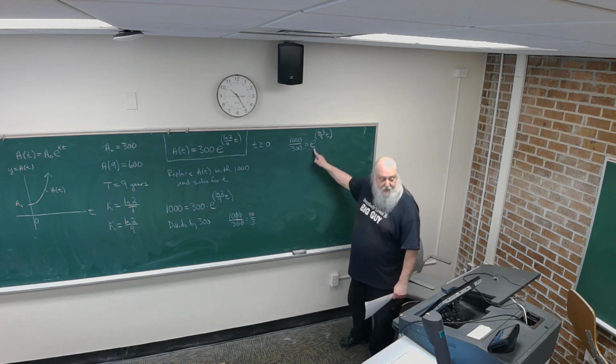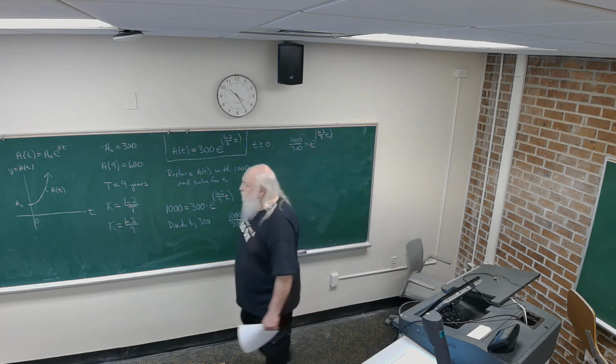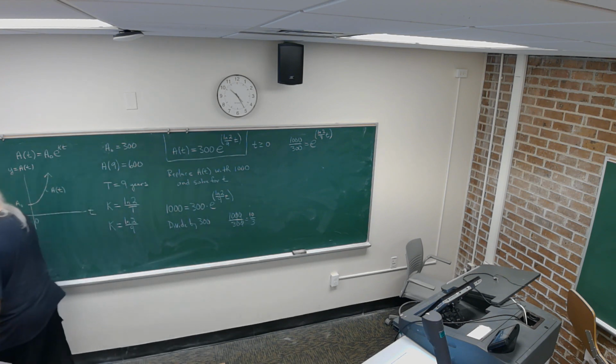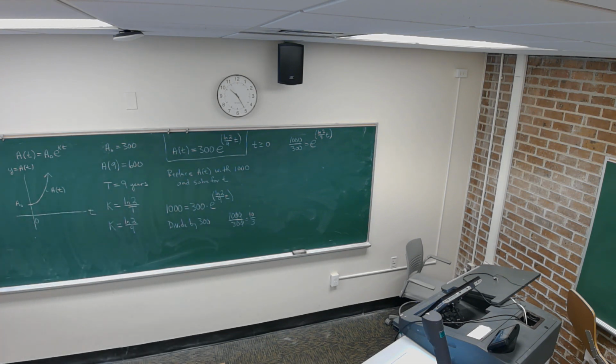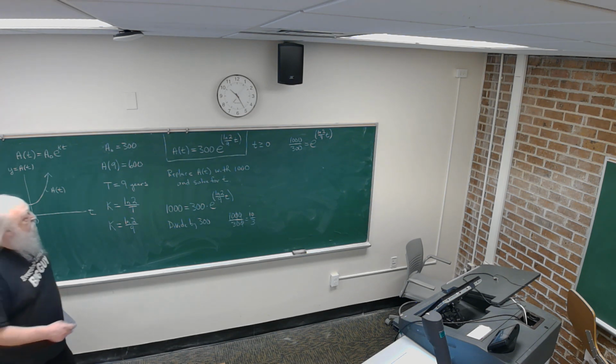So we got to get rid of the E. What gets rid of the E? Natural log, right? Remember, the natural log of e to the x is just x, right? You got to remember these properties, okay?